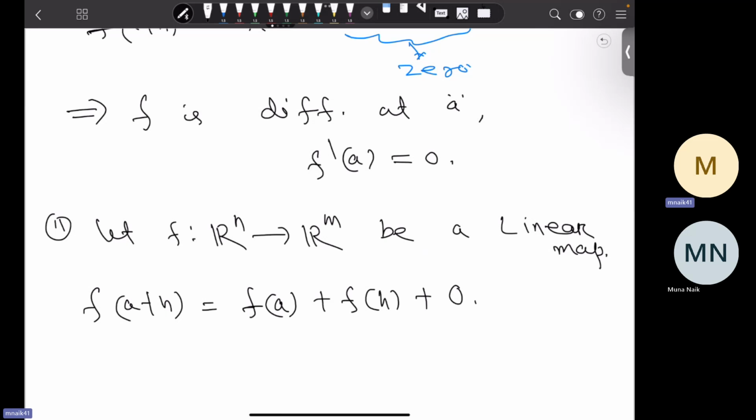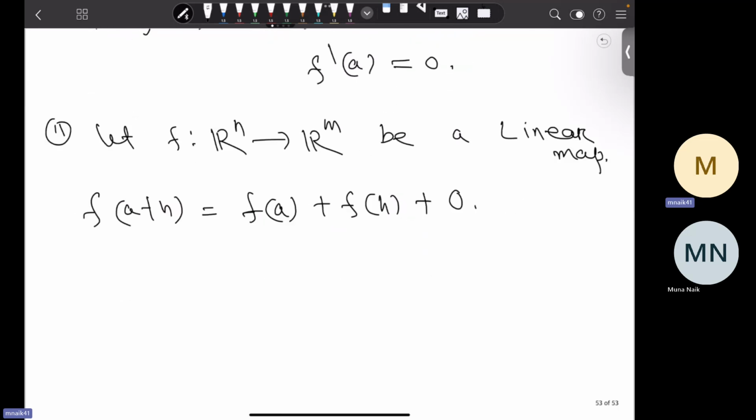Those who are watching online can pause the video for a second and think what the derivative of f will be. The remaining term is a zero function, so this is definitely little o of h. Don't confuse it with big O notation.